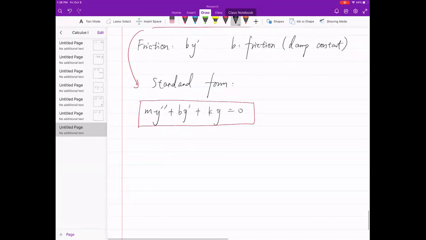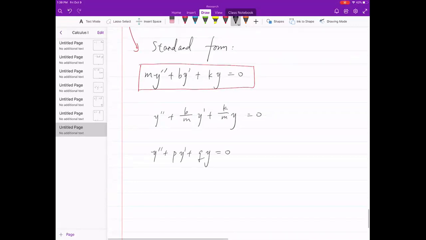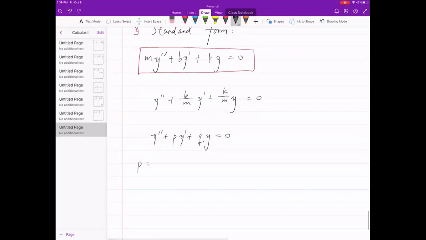And then someone will go even further by dividing m on both sides. Then you will receive this. And then finally with this, where p equals b over m and q equals k over m.